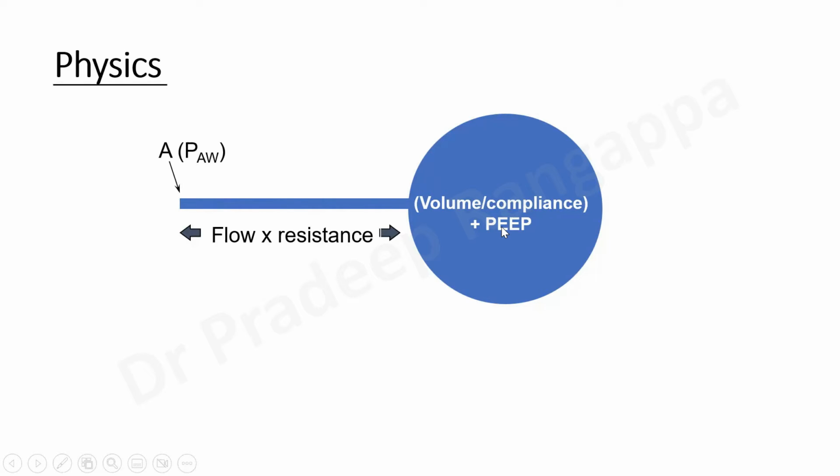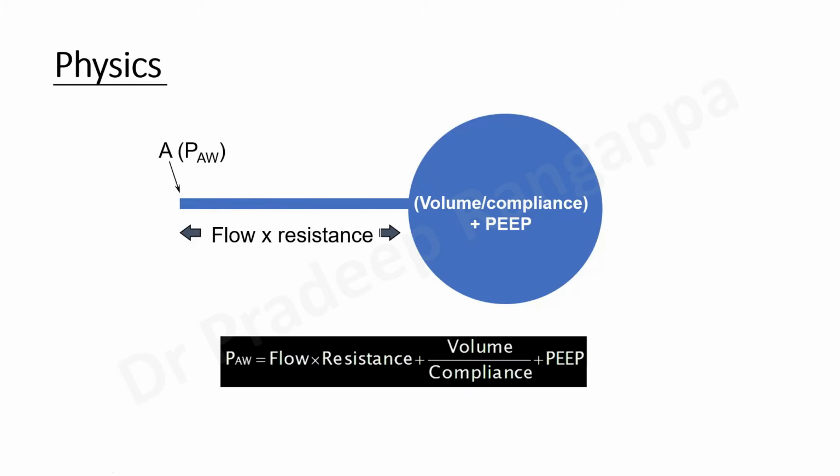PEEP is the pressure that keeps the alveoli open. Summarily, if you have to look into an equation, the airway pressure is flow times resistance, which predominantly determines the passage of air into these airways, plus volume divided by compliance, which will determine how effectively the alveoli are accommodating the flow of air, plus PEEP, the baseline pressure that is keeping the alveoli open.